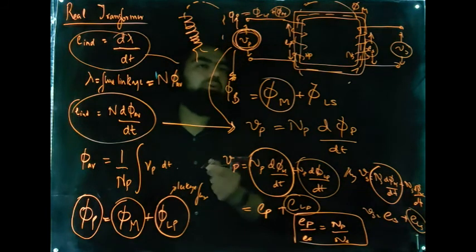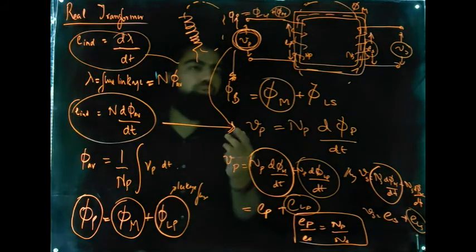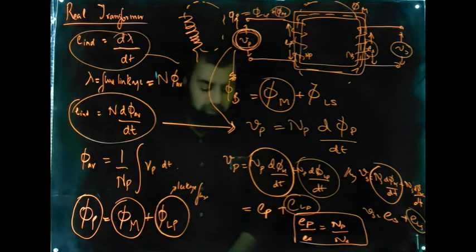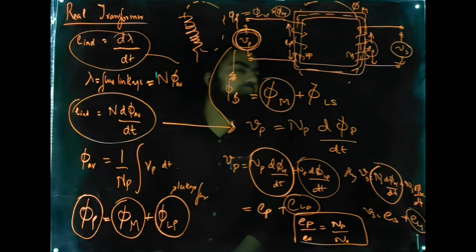So you have two voltage drops. One is ELP, the voltage drop because of the flux leakage in the primary winding, and then you have ELS, the voltage drop because of the flux leakage in the secondary winding.